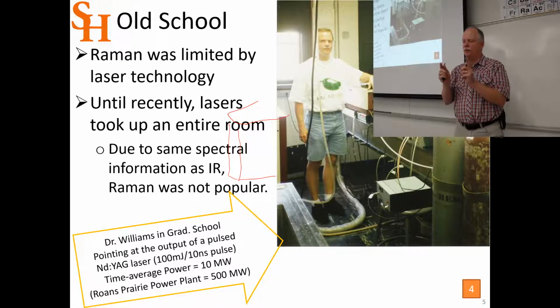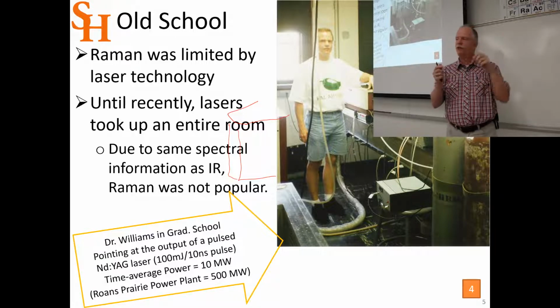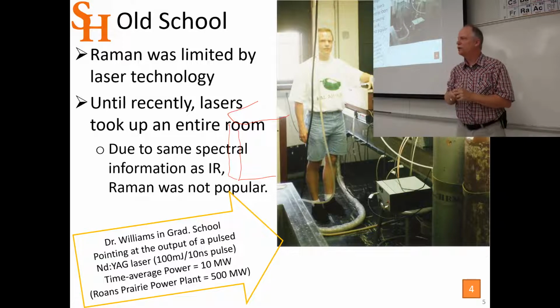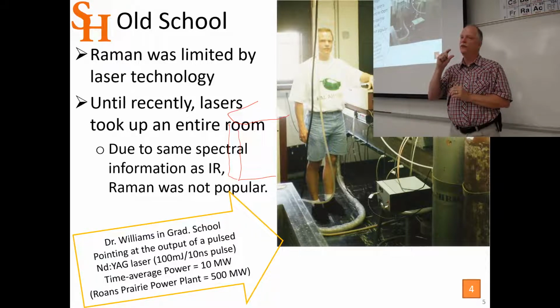So what does Neodymium YAG stand for? Well, neodymium is the element that they've doped the yttrium aluminum garnet crystal with. And so we're getting the emission spectrum of the neodymium atom, which has a laser line at 1064 nanometers.